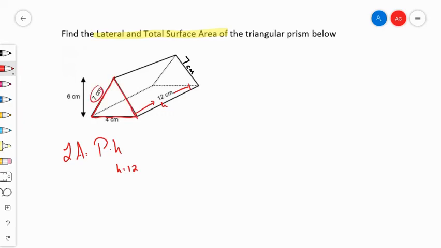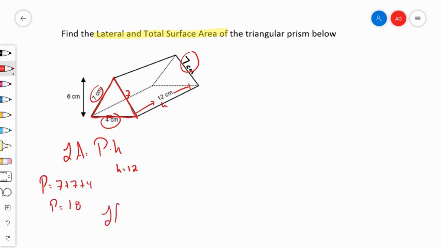I know the lengths of the sides are 7, 4, and 7. I know it's 7 because of the 7 up there. To find the perimeter, I just add up all the sides. So 7 plus 4 plus 7 gives me a perimeter of 18.